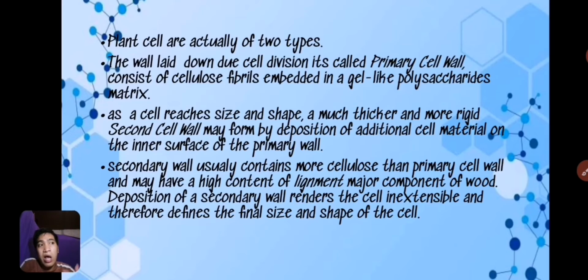So on the other hand, they are very important, no, to have a final size and shape of the cell. So they still have an important role in the cell wall.